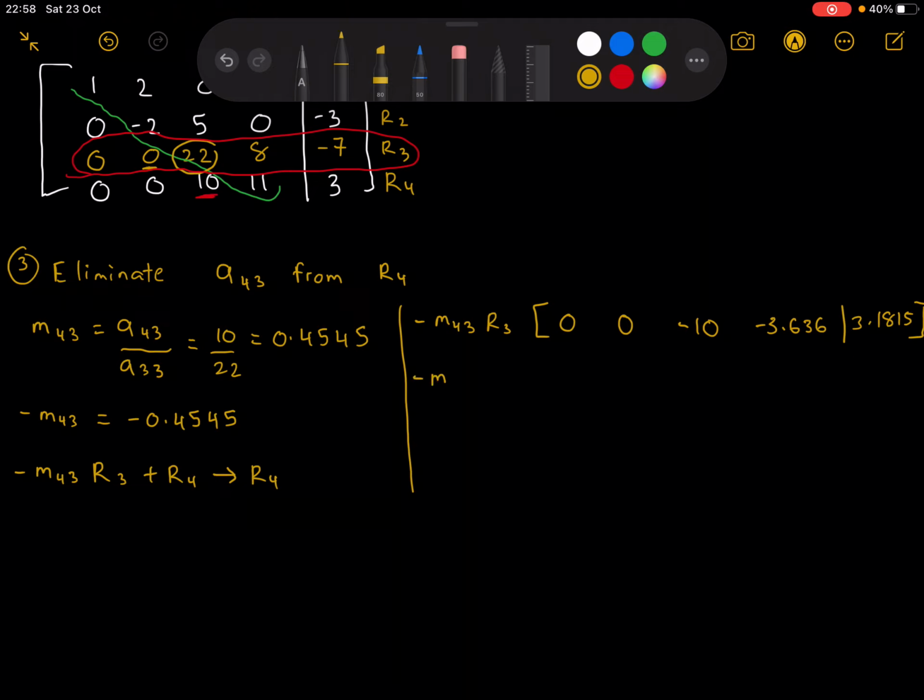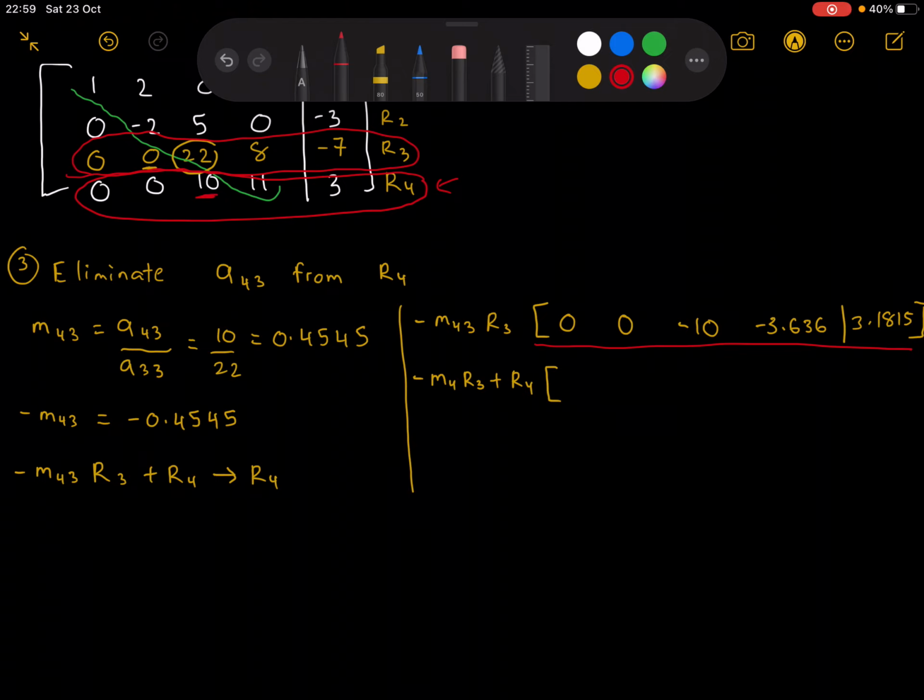So negative M43 R3 plus row number 4. We're going to add the value here with row number 4, then transfer the value to row number 4.